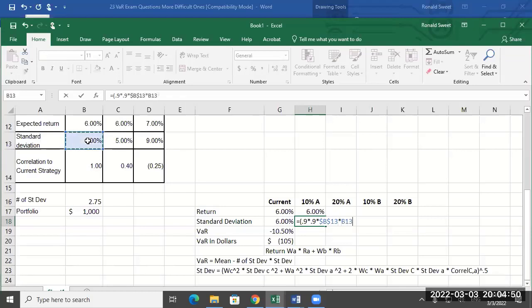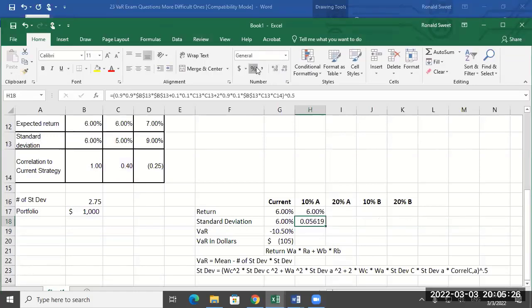I'm going to lock that in because it's always going to be there, plus the weight of the strategy A times its standard deviation squared, plus 2 times weight of A, weight of C, times the standard deviations, times the correlation. Raise it to the 0.5.